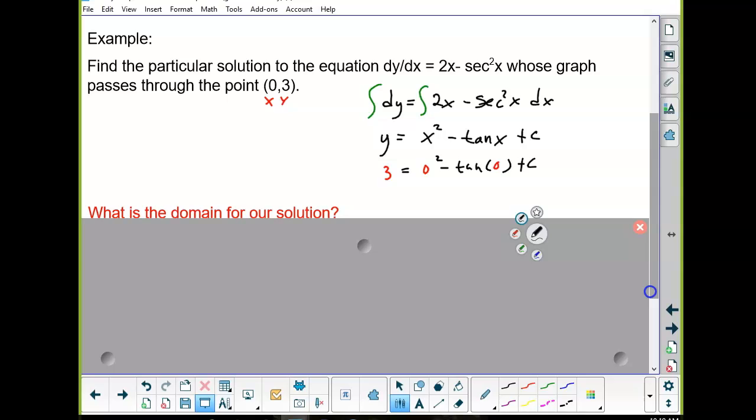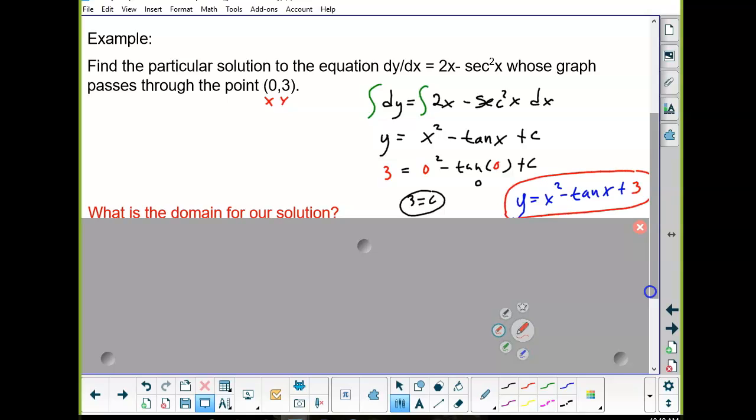The nice thing is tangent of 0 is 0, so that means 3 equals c. So what do I get as a final answer? Right there.